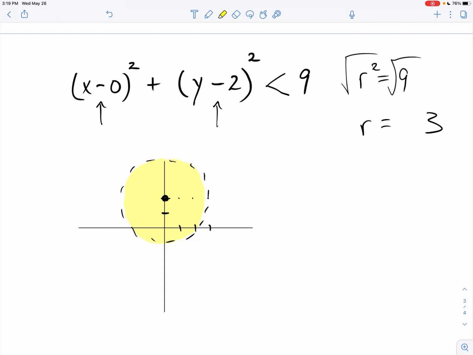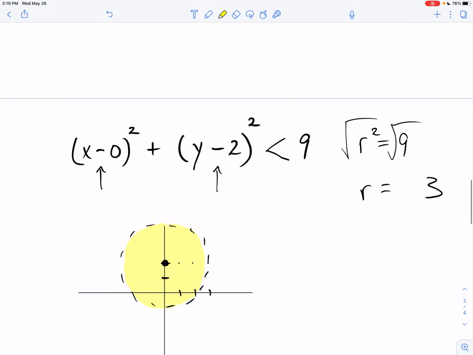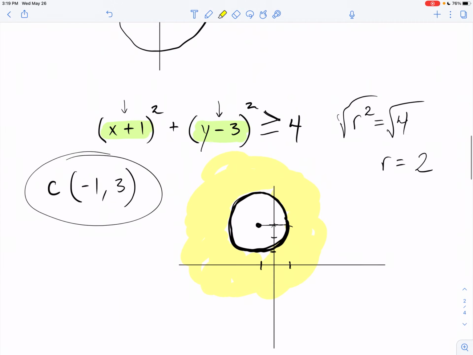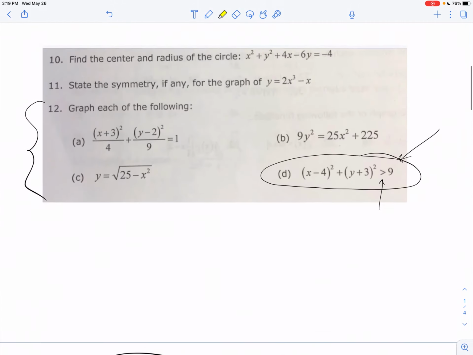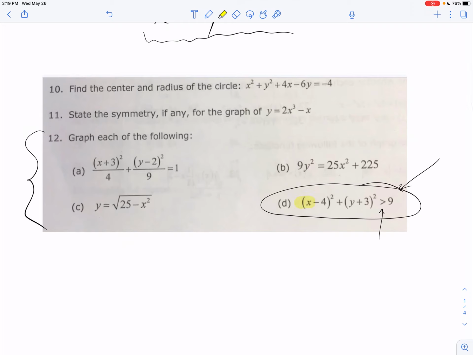So just based on that information right there, could you now draw this picture? And I bet the answer to that is yes, I could totally sketch that graph. Now, take a look here, because they have this guy.